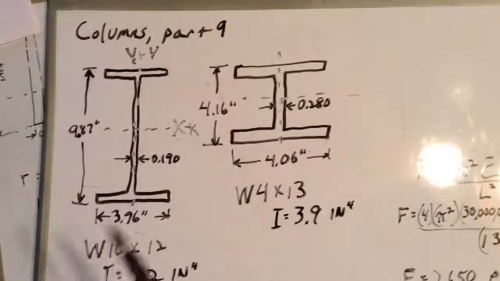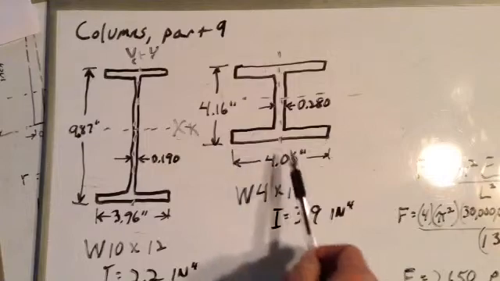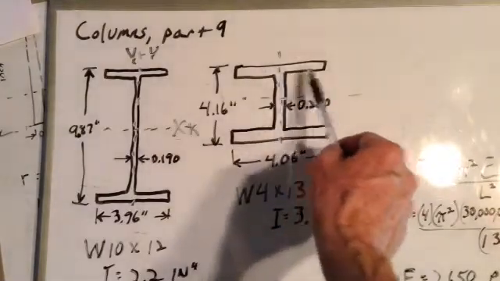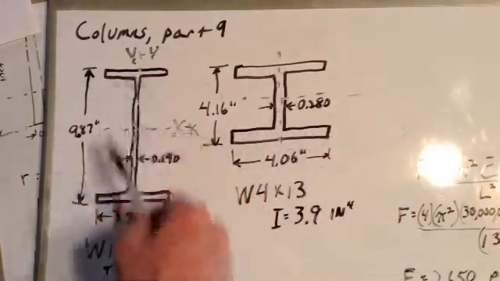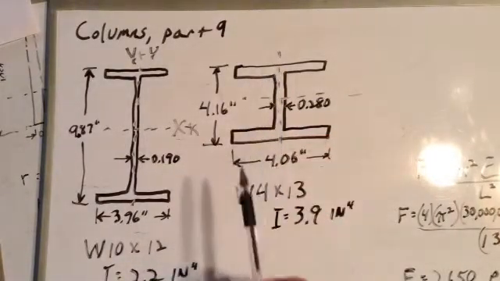Okay, and since the W4 by 13 beam weighs 13 pounds per running foot compared to the 12 pounds per running foot for the W10 by 12, the flanges of the W4 by 13, those flanges are thicker than those flanges. The greater width and thickness of the W4 by 13 flanges result in a greater moment of inertia about the y-axis.